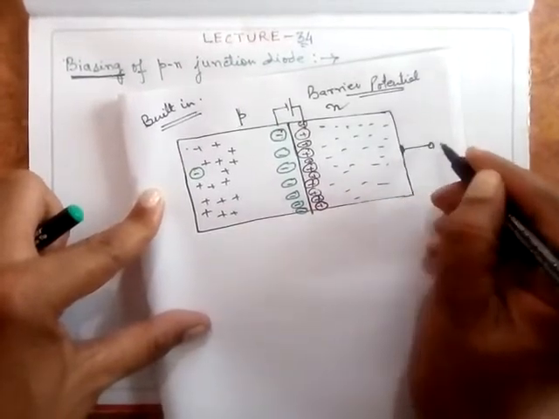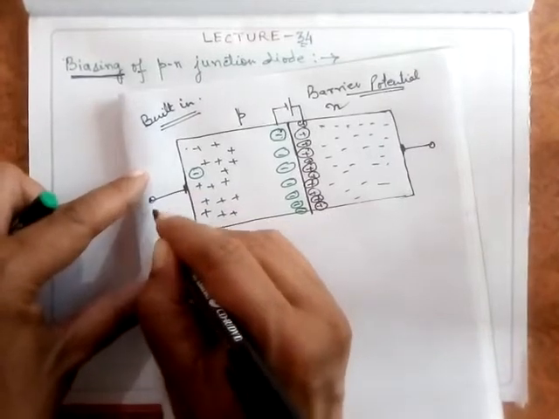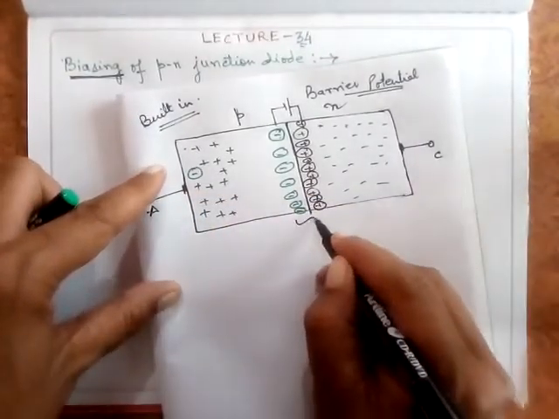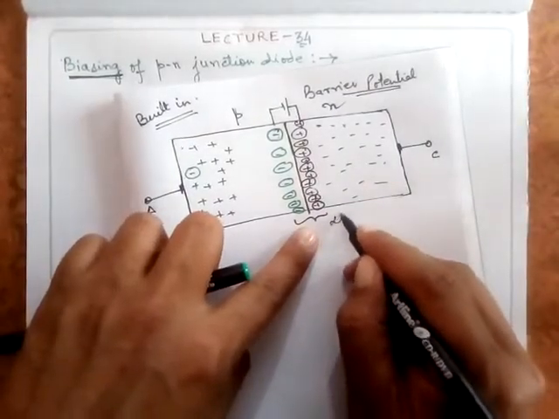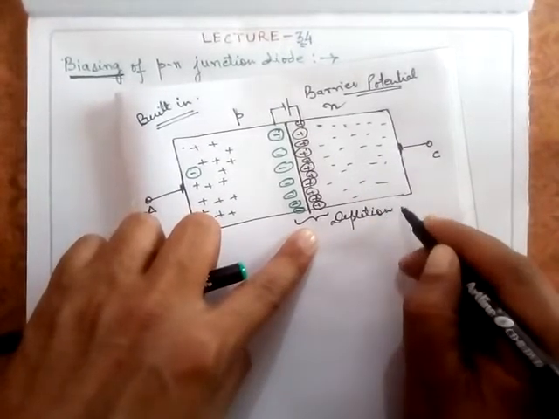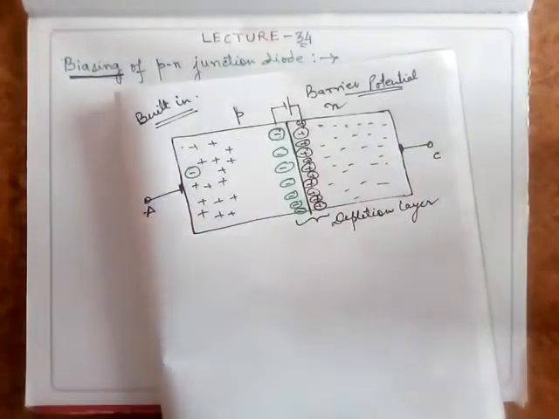I told you that this is called the anode, which is positive, and this is called the cathode, and this region is called a space charge region or depletion layer.